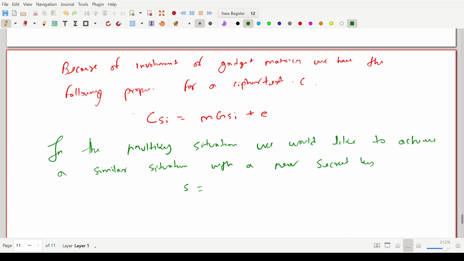I'll write S equal to (S1, S2, ..., SK) transpose, for K people. And then your ciphertext, let me denote it by C dash.